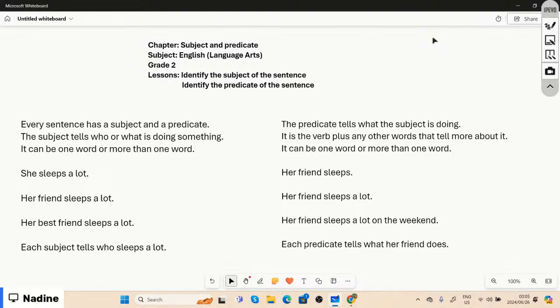All right. So when it comes to subject and predicate, every sentence has a subject and every sentence has a predicate.